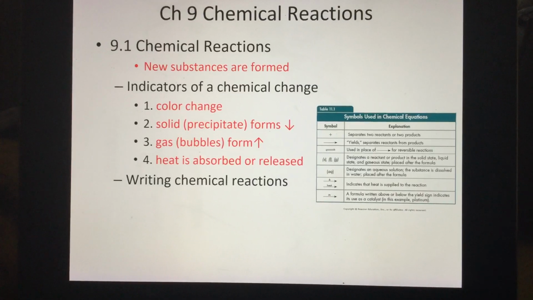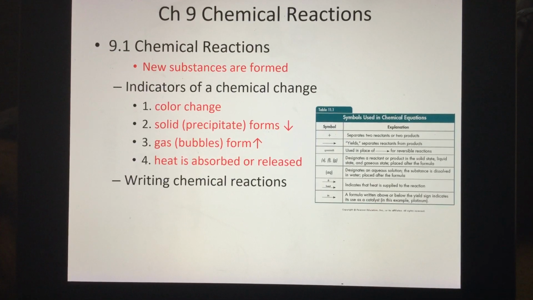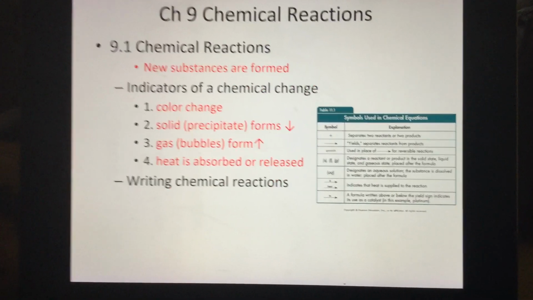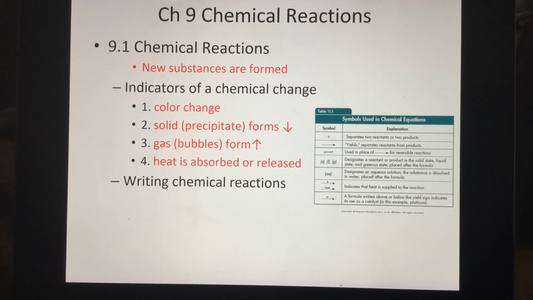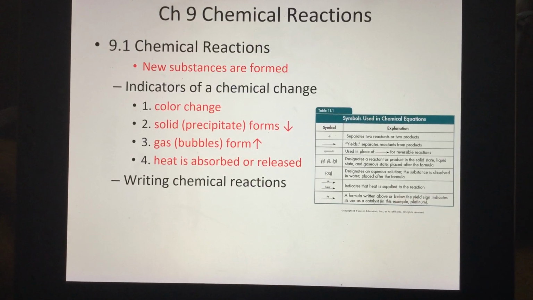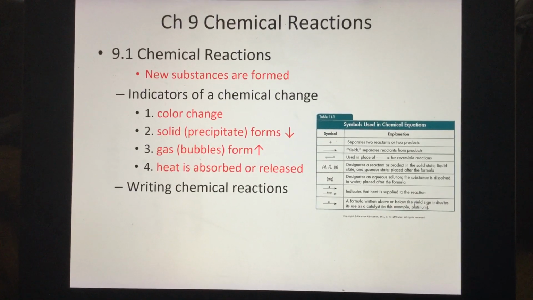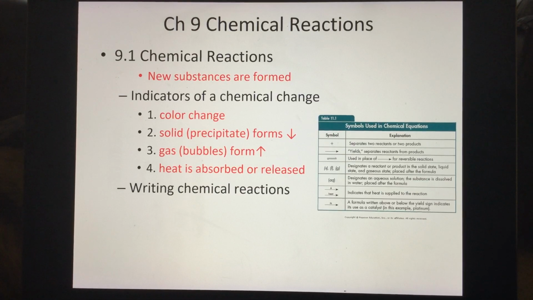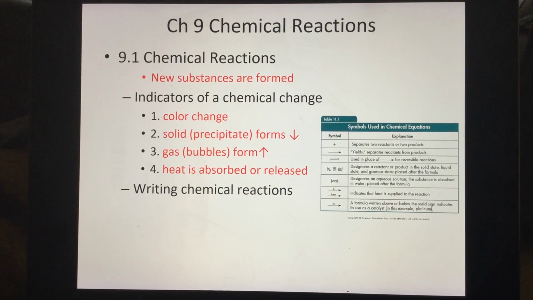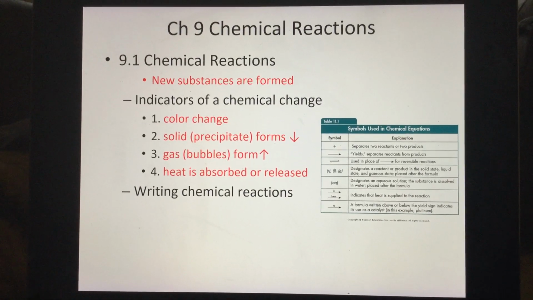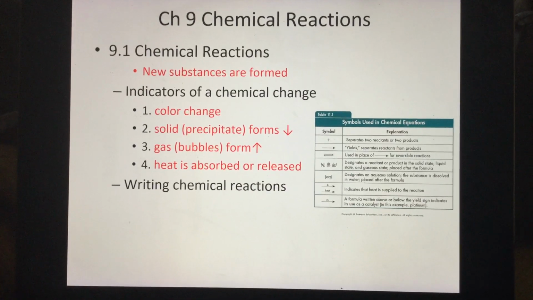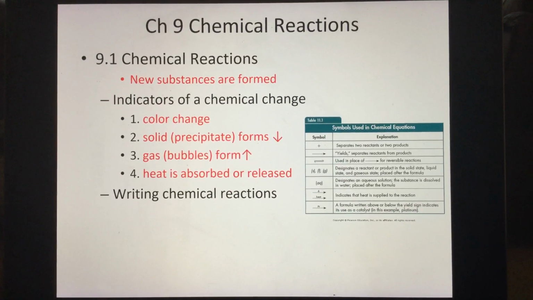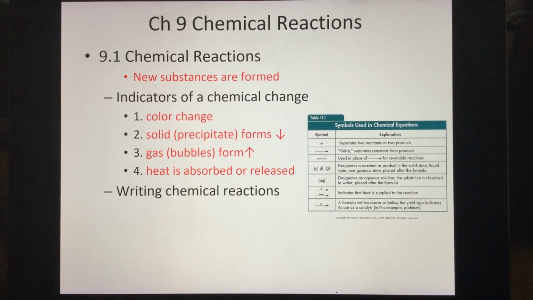And then it could get hot or cold as the reaction either absorbs or releases heat. So those are some indicators of a chemical change. And sometimes there is nothing, sometimes it just looks the same as it did before, but it formed new substances. But if it does one of these things, we definitely have a chemical change going on.